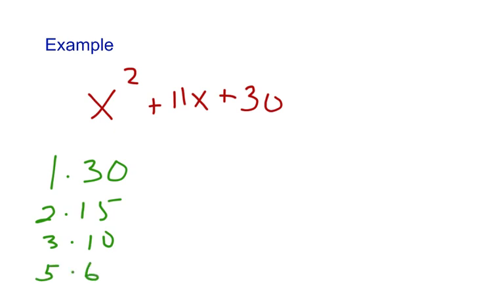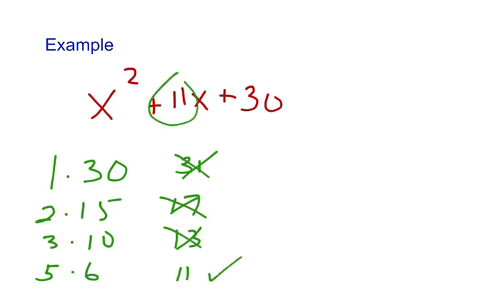Okay. 1 plus 30 is 31, not the winner. 2 plus 15 is 17, not the winner. 3 plus 10 is 13, not the winner. 5 plus 6 is 11. That's the winner. Since it's positive 30, they're both positive, so it's x plus 5 and x plus 6.